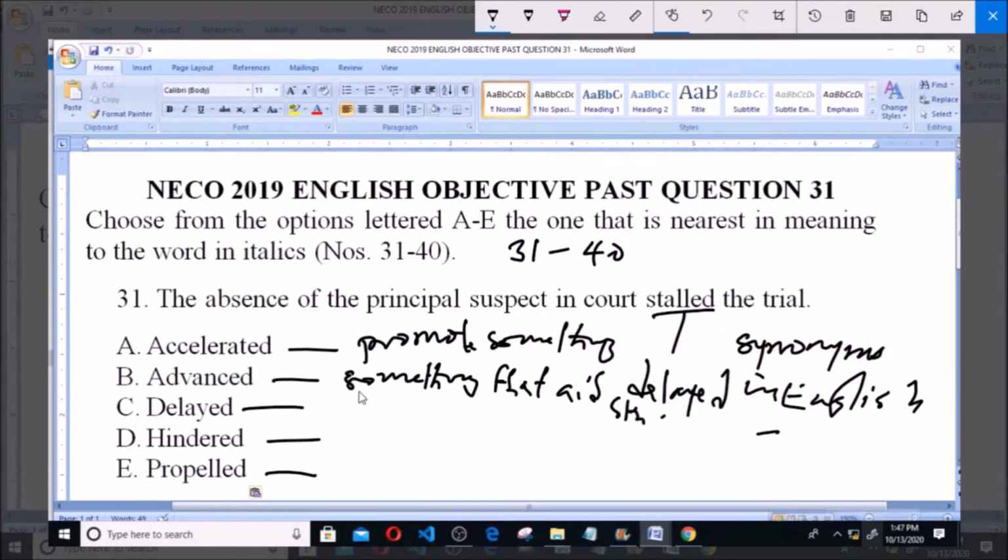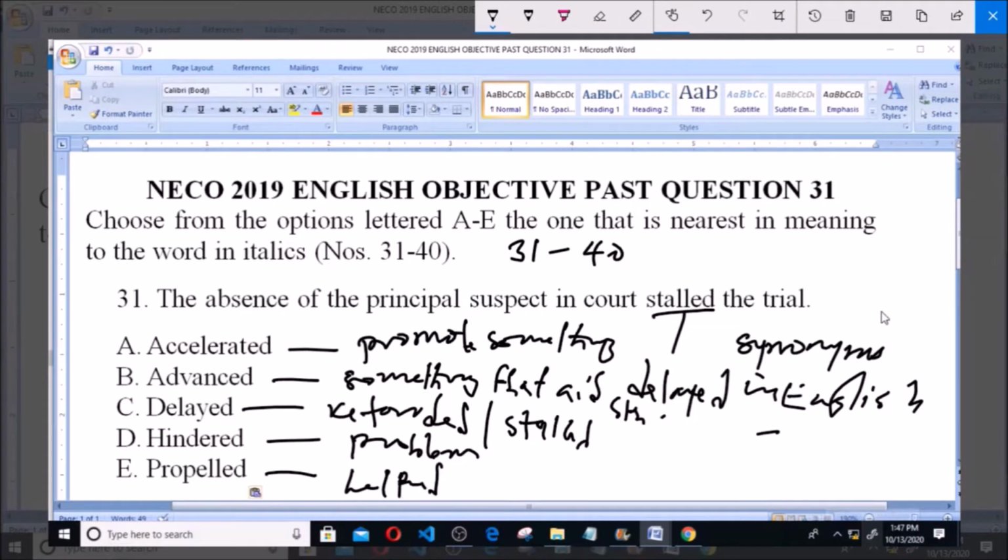Then also delay means retarded or stalled. The hindrance means problem. Then prepare means helped, and so on. So with this analysis, we find out that option C is correct. So we can say that the absence of the principal suspect in court delayed the trial. So option C is correct.